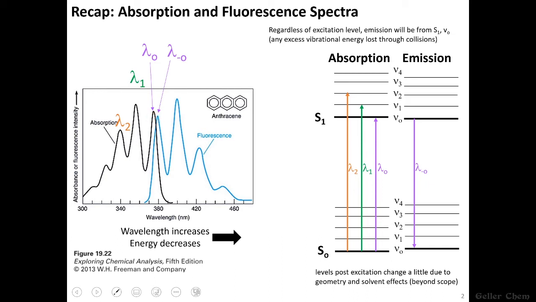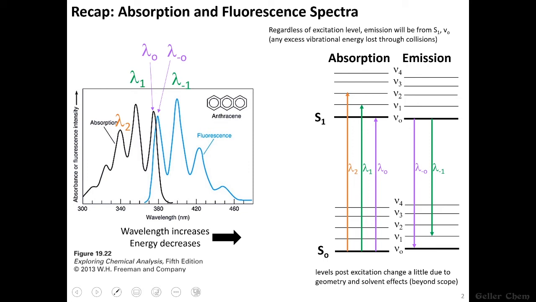Now, the emission of light does not have to bring the molecule all the way back down to ground state. It could also bring it to this level here, which would represent enough energy being lost so that the electron relaxed. We're now in the S0 electronic state, but there is still some excess energy left over in the form of a vibrational excitation, which could then be lost through a collision, and then we'd reach ground state.